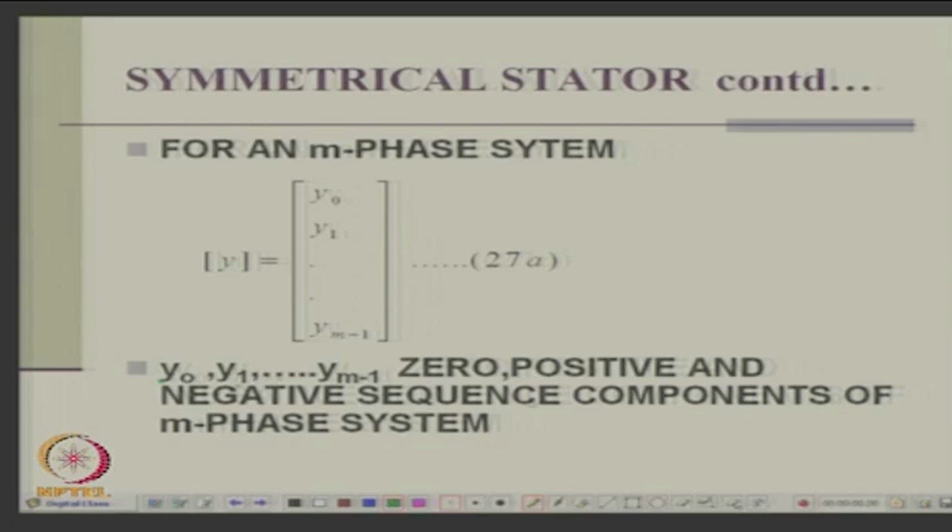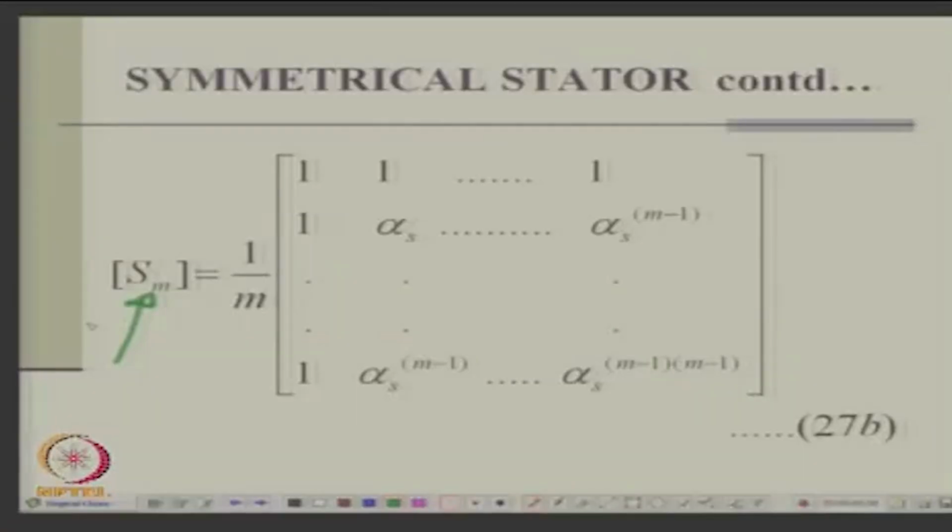So, this is m phase symmetrical components, and the matrix for m phase symmetrical components will be 1 over m, 1, alpha to the m minus 1, and so on. Put m equal to 3, you get the 3 phase symmetrical components.